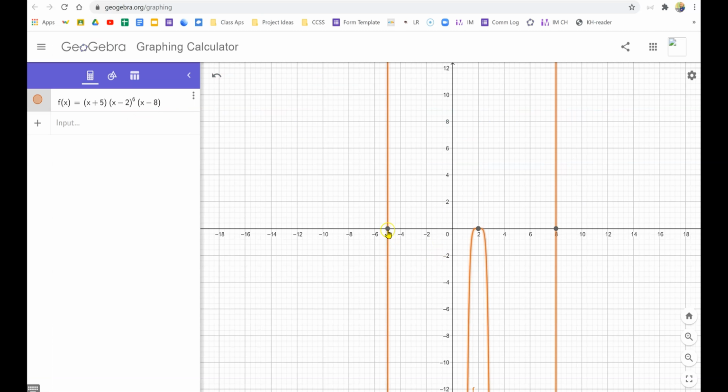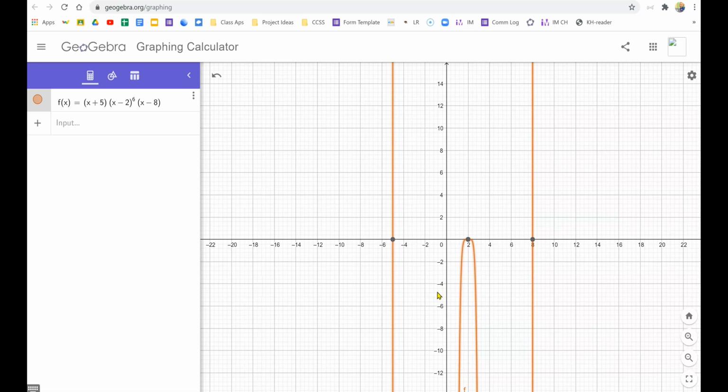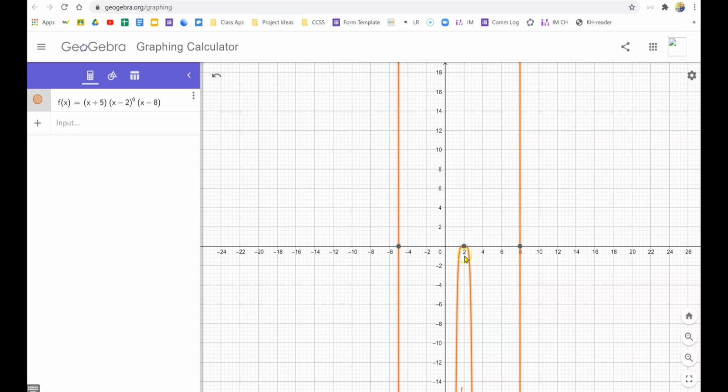And I can see from the graph that from here at negative 5, it's below, and it stays below all the way until it gets to 2, where it touches the x-axis, but that's also equal to. So I haven't gone above yet, so from negative 5 to 2, and then all the way up to 8, and that goes above. So the inequality that I'm going to write for my solution would be all the numbers that are between negative 5 and positive 8.